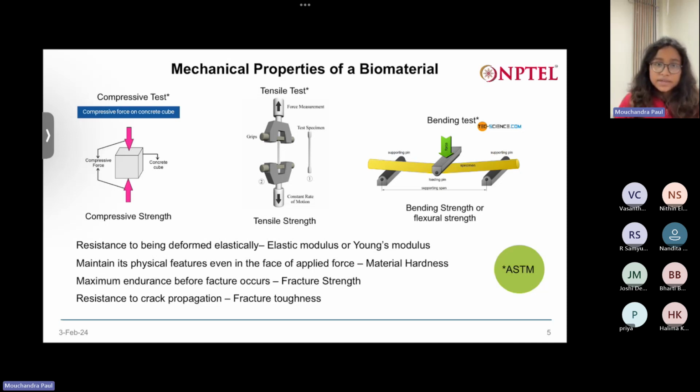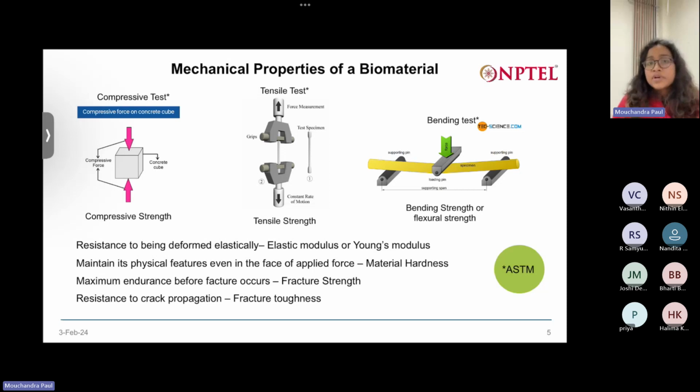So first, let me give you a revision about mechanical properties of biomaterials. As you have seen, some part of last week and some part of this week's content is based on this broad area.